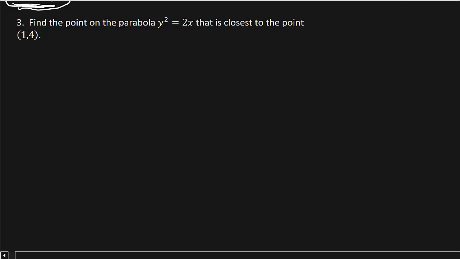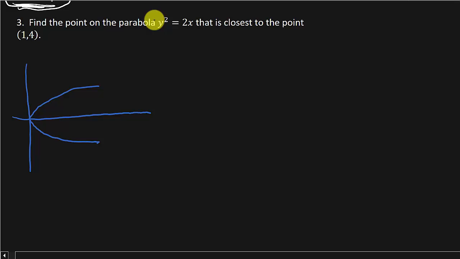So first thing we want to do is sketch the graph. When you sketch this, you don't have to draw it exactly, just sketch it close. And so we know this is a parabola that's going to open to the right.